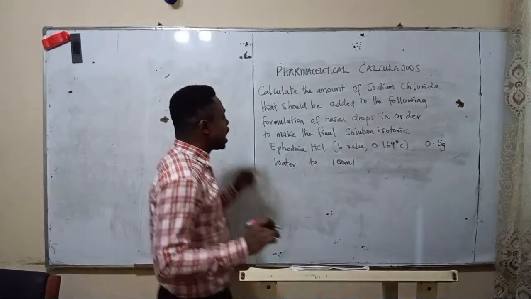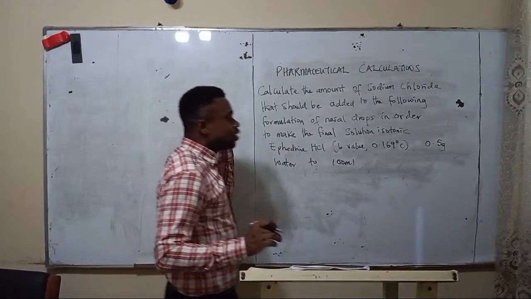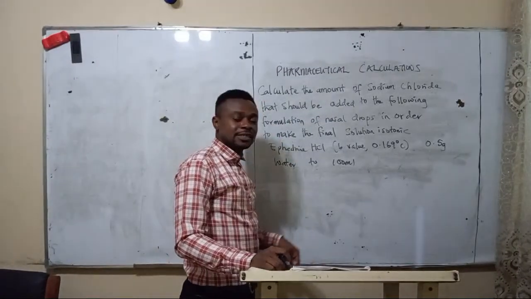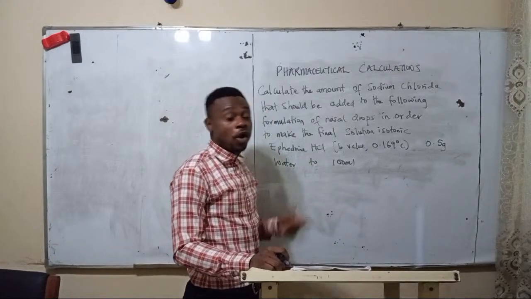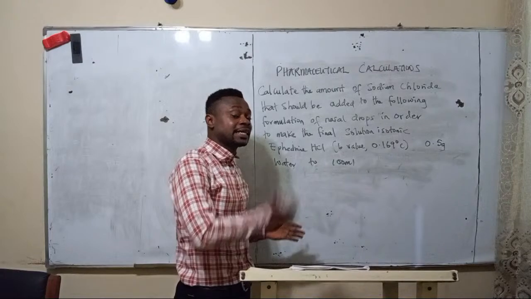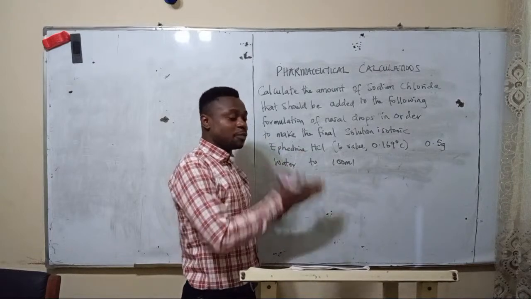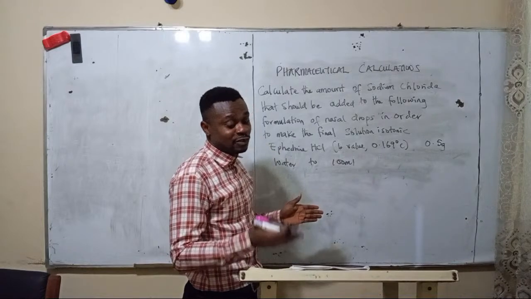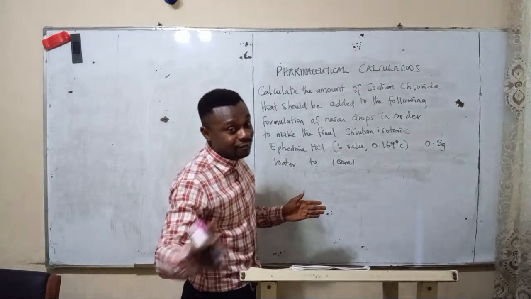So, having that at the back of our mind, we bring back that 0.9% sodium chloride, which depresses the freezing point by 0.52 degrees Celsius.